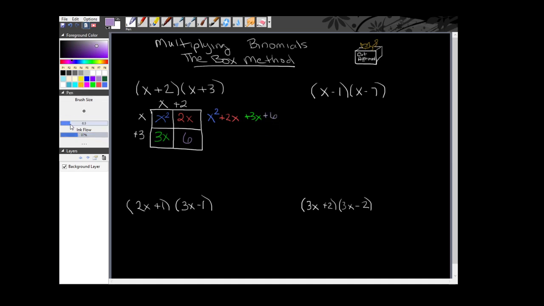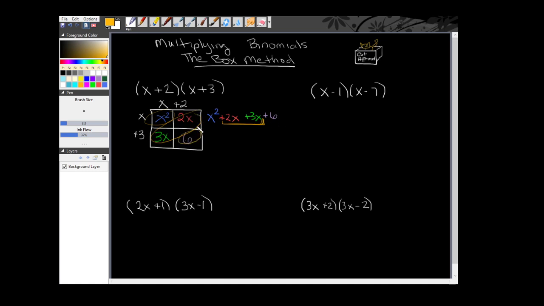Now recognize, guys, that when you do this, you want to collect your like terms. That is, you want to collect the terms that have the same variable to the same power. In this case, it's my 2x and my 3x. If your polynomial or binomial is written in its standard form, these like terms appear across the diagonals.